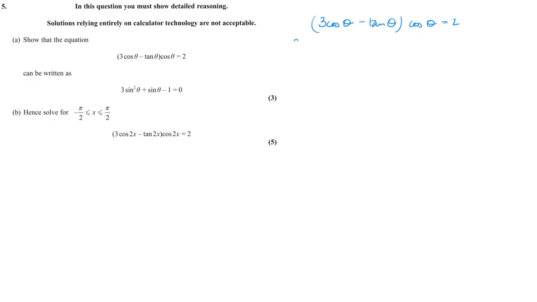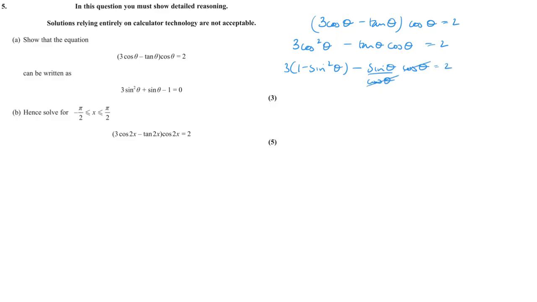So let's expand. 3 cos squared theta minus tan theta cos theta equals 2. Now we want it in terms of sine. So cos squared is 1 minus sine squared theta. Tan is sine theta over cos theta.